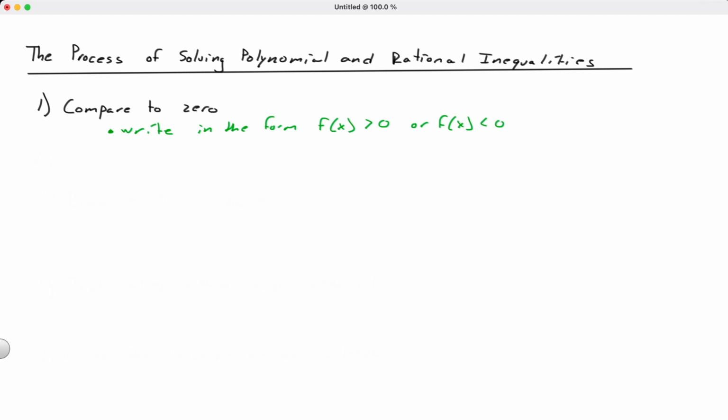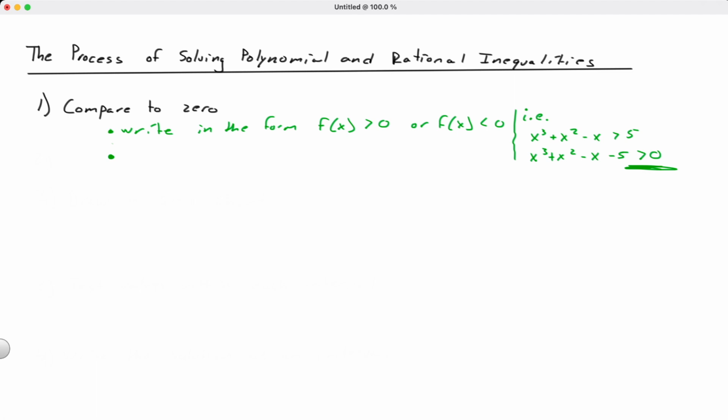But the point is we always want to compare this to 0. So for instance, if we had the case of x cubed plus x squared minus x greater than 5, we would want to make sure we move that 5 over to the other side by subtracting it to give us x cubed plus x squared minus x minus 5 greater than 0. And this greater than 0 piece is going to be the key to helping us utilize the concepts we've discussed previously in order to find a solution.